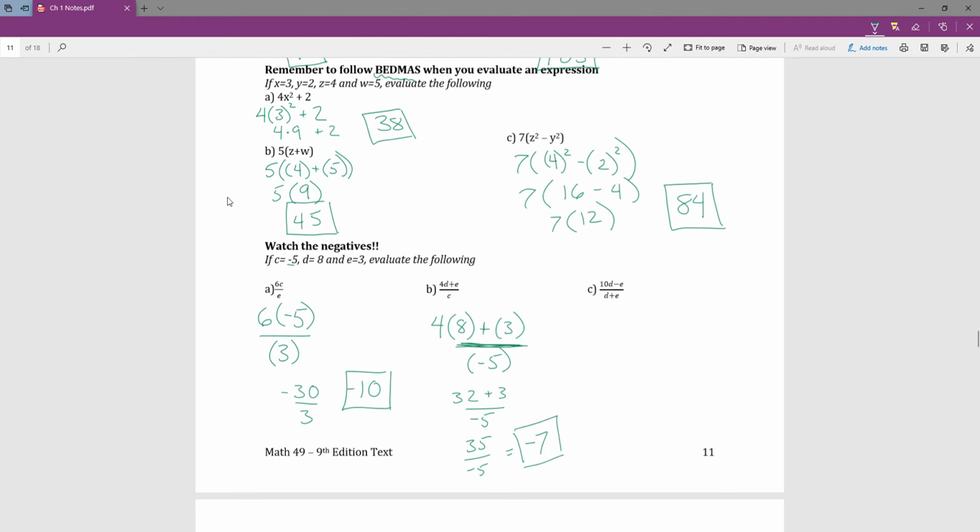And ultimately I get -7. Continue on. The first step is really just about copying. So go slow, go carefully.